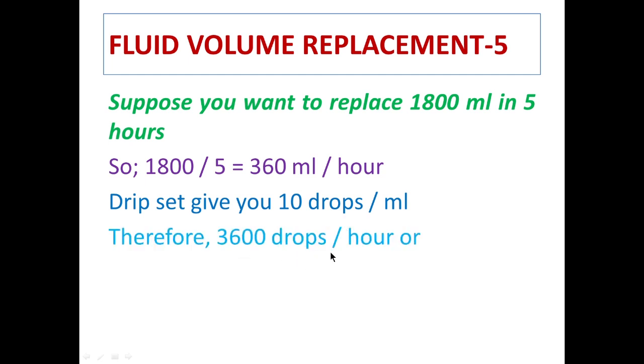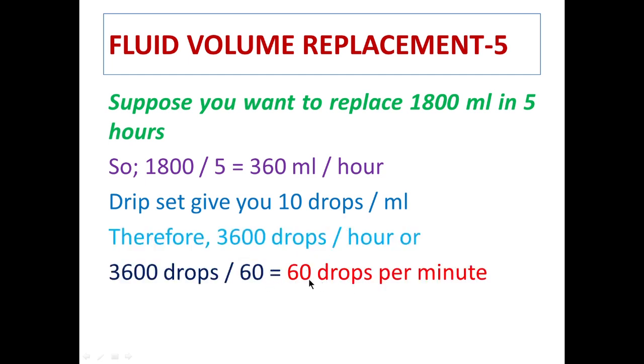So 360 milliliters will come to 3600 drops per hour. If you divide it by 60, it will be 60 drops per minute. Then again you divide it by 60, so it will be 1 drop per second. Like that we can calculate all the fluid drip rates which we want to set.